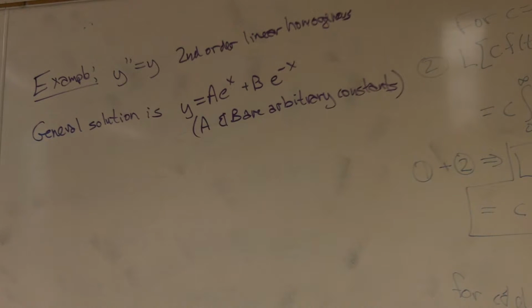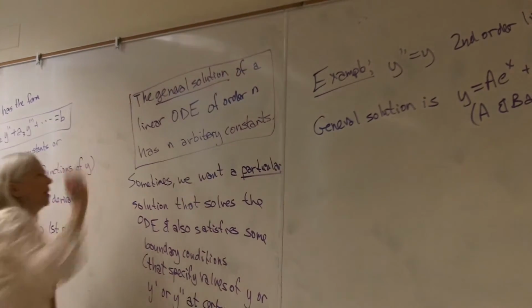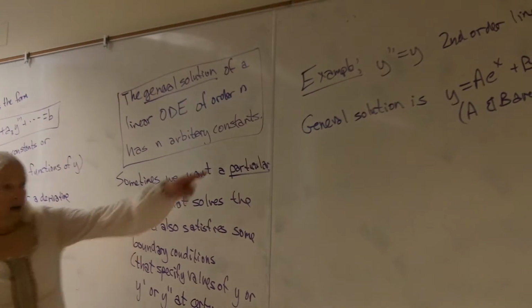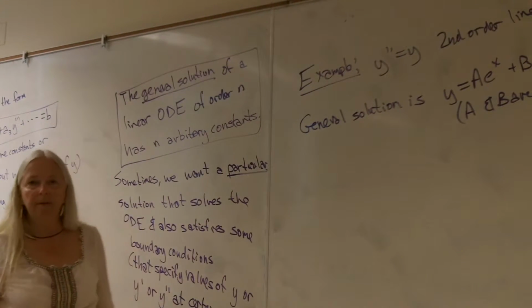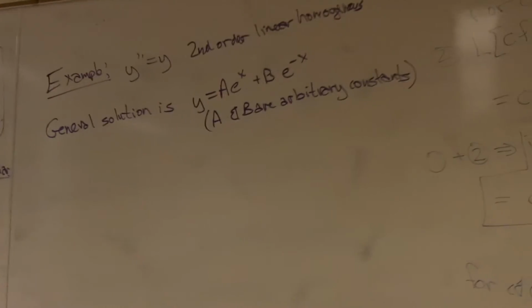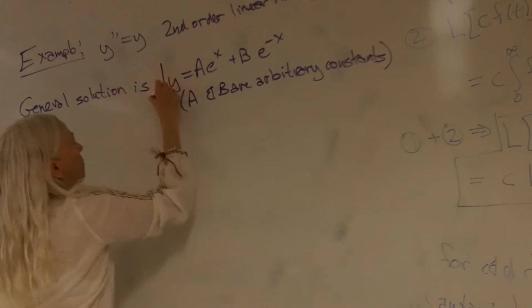This is an example of what we said earlier: this is a linear ordinary differential equation of second order, so the general solution should contain two arbitrary constants, and it does, a and b.